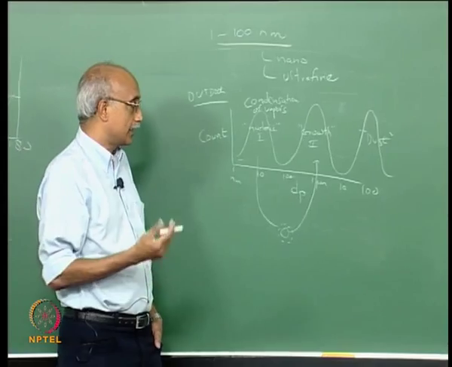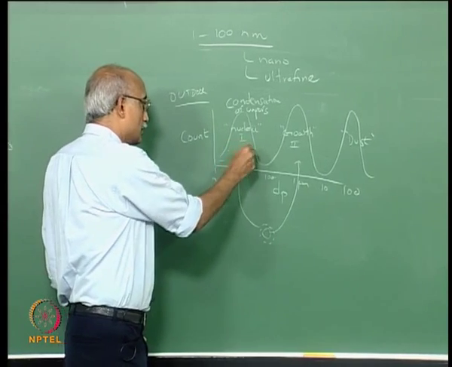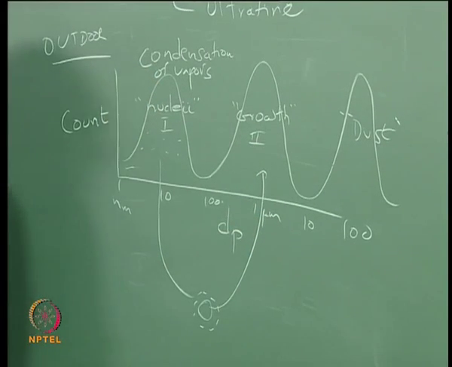So if you have a collection of particles in this size range and you do this condensation process on top of all these particles, they are all going to grow to a size where now they are detectable, right?